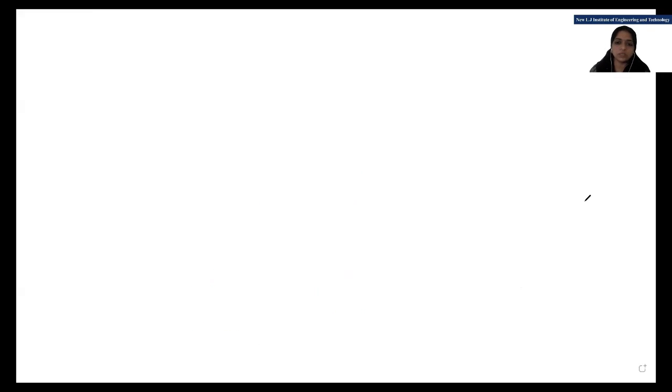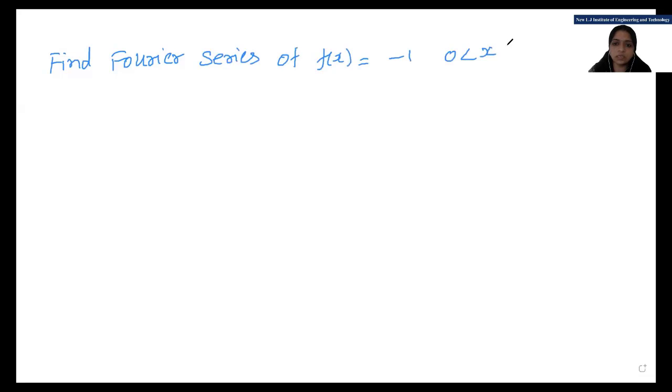Suppose your given question is: find the Fourier series of f of x is equal to -1, 0 less than x less than pi, and is equal to 2 if pi less than x less than 2 pi, right?